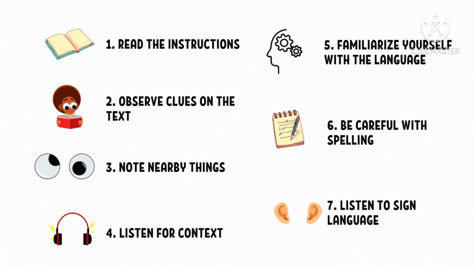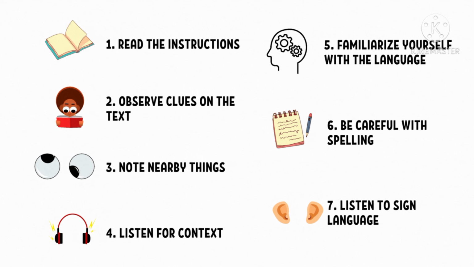I think that maybe spelling may be difficult for some students or maybe not, but I think students should check their spelling well for any mistakes at the end of the activity. And the last one, number 7, listen to sign language. And this point can be or not in the activities.